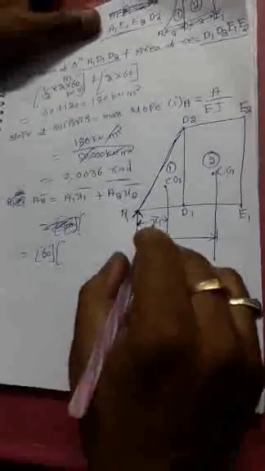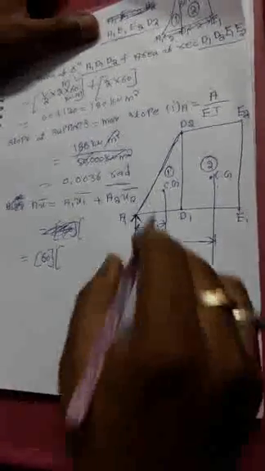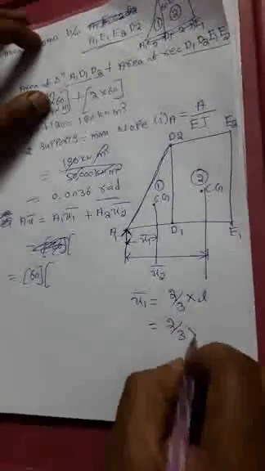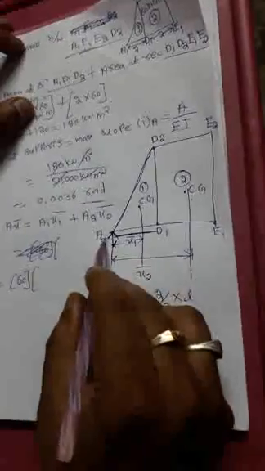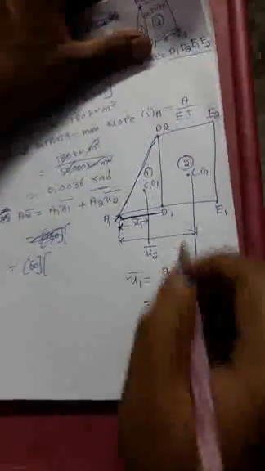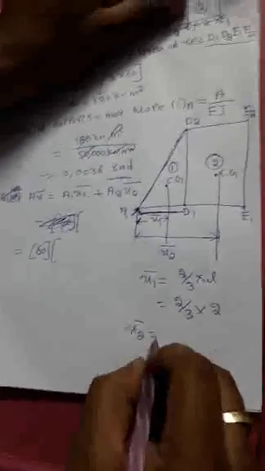The x1 bar is for the triangle, and the center of gravity of a triangle is 2 by 3 into L. Here the base is the distance between A1 and D1, which is 2.